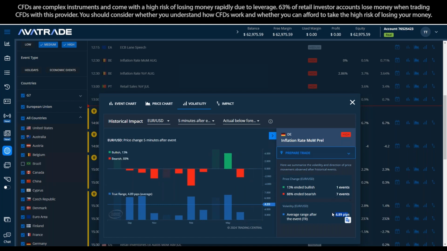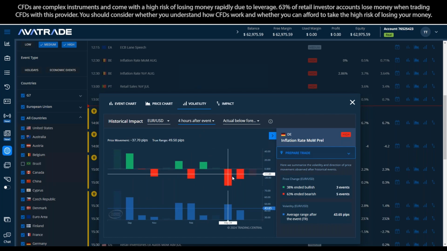In the first 5 minutes, less than 5 pip average range movement. After 4 hours, 63% of the time, we had a downward movement with the smallest really that had any significance over 16 pips, and the larger over 36 pips dropping, okay?